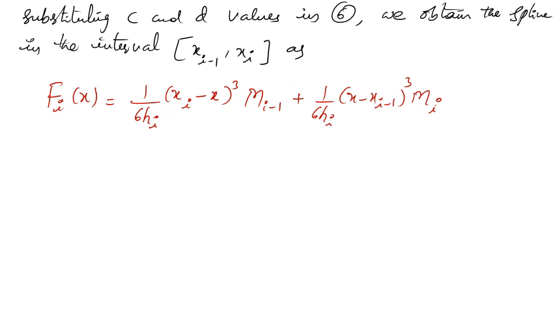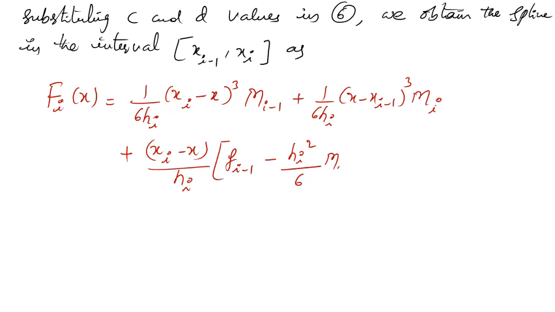plus now c value, x minus x, and what is the c value? 1 by hi (fi minus 1 minus hi square by 6 mi minus 1).